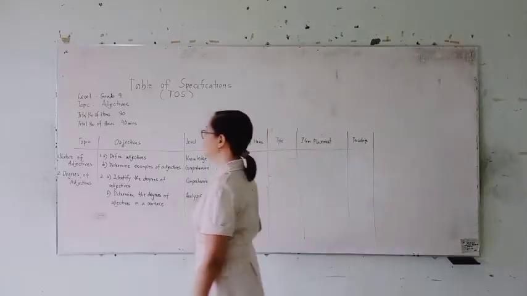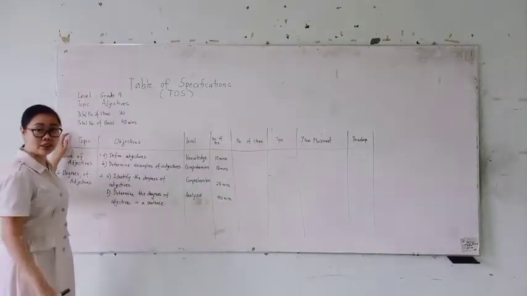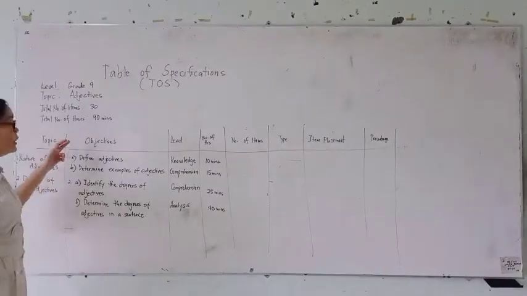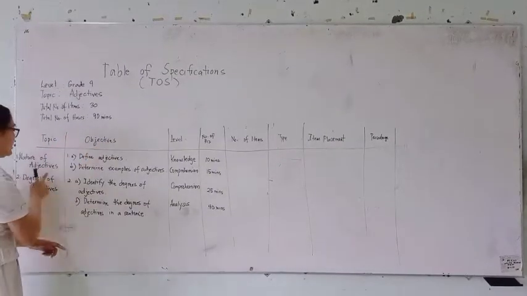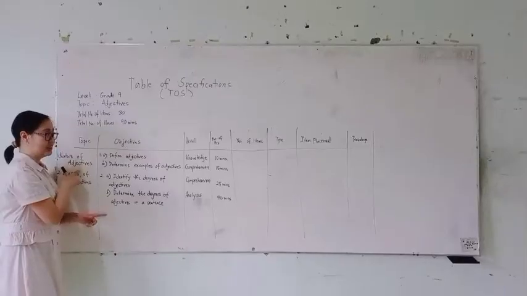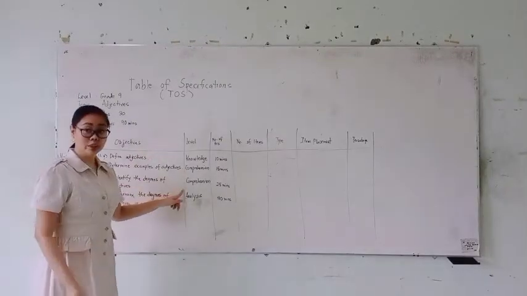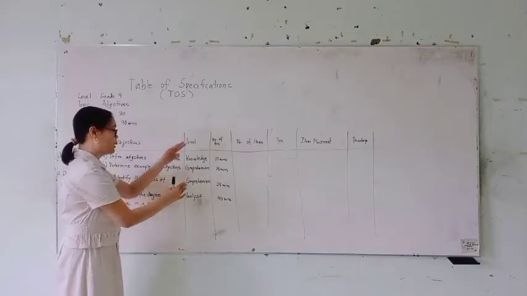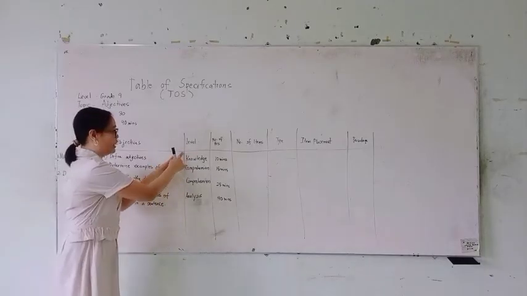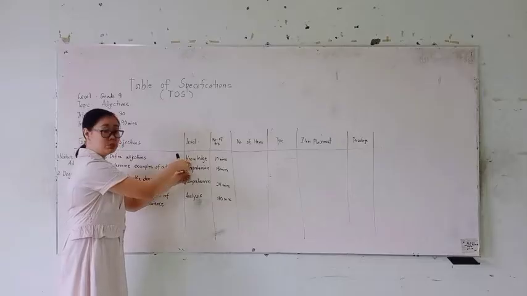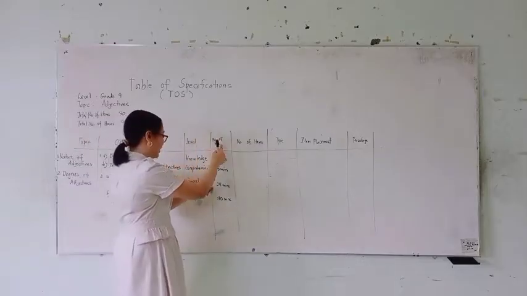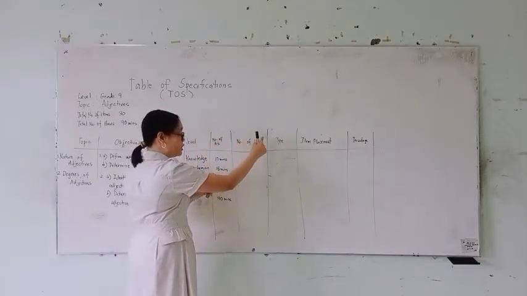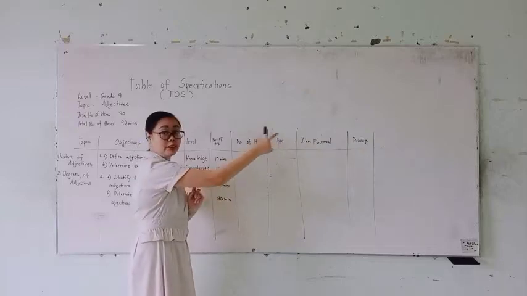So, you first have, of course, your topic. The topic, then the objectives based on the topics, then the level of targets. Yung ibang school, ang level of targets, instead of level ang nakalagay sa column ay yung mismong targets like knowledge, comprehension, application, analysis and synthesis, and evaluation.